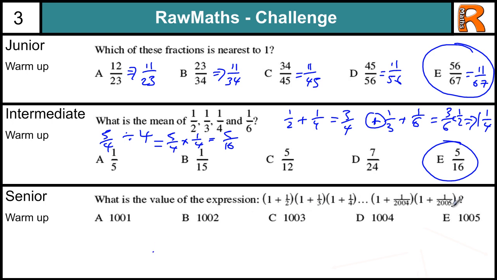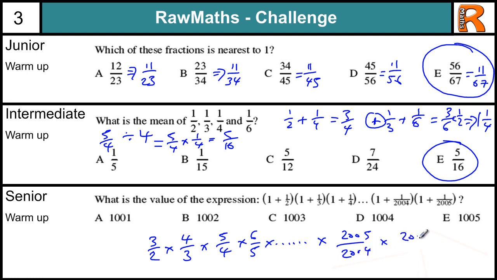Okay, we've got a series of numbers multiplied by each other. Looks quite complicated, but if we combine these, 1 plus a half is 3 over 2, times 1 plus a third is 4 over 3, times 1 plus a quarter is 5 over 4, and so on, 6 over 5, and that carries all the way up to the last two, where we have 2005 over 2004, and 2006 over 2005.